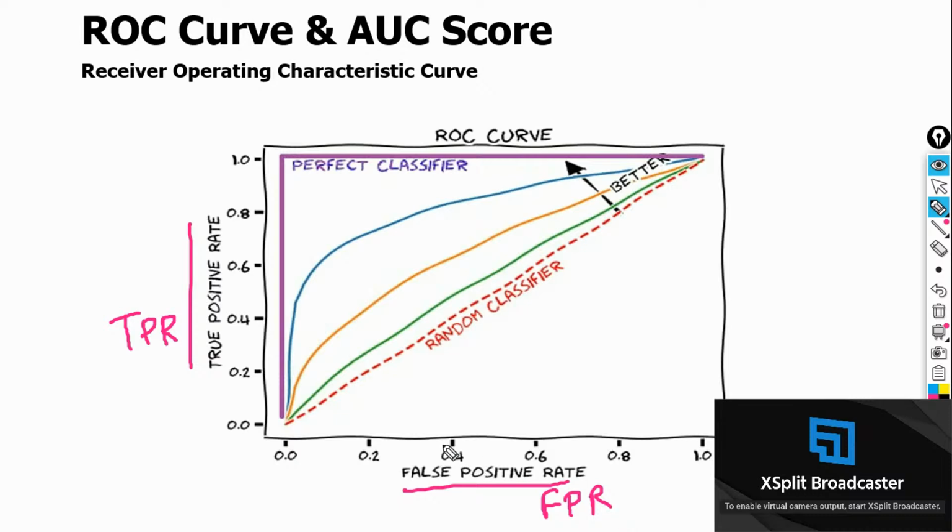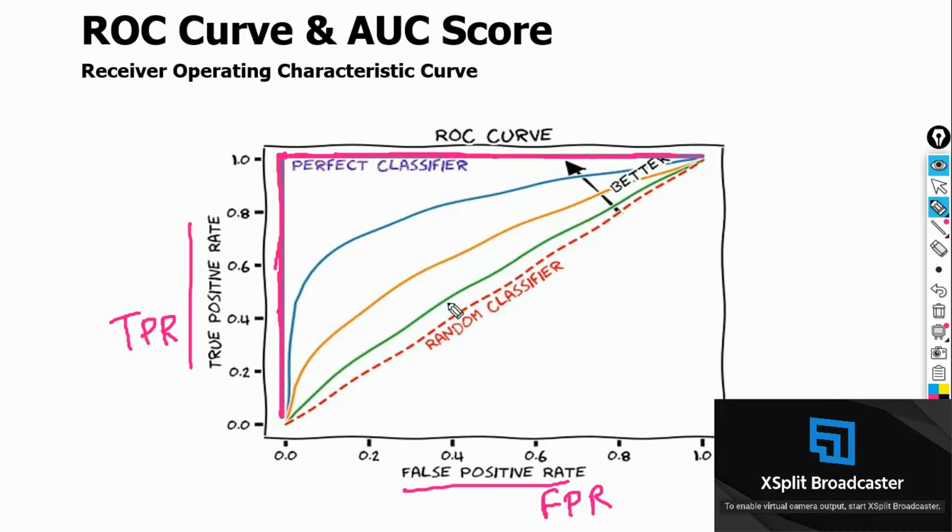You're going to get the graph between TPR and FPR, and the model whose curve is close to the top-left corner will be a perfect model. That means FPR value should be 0 and TPR value should be 1, and we say that the model that we have obtained is a good model.